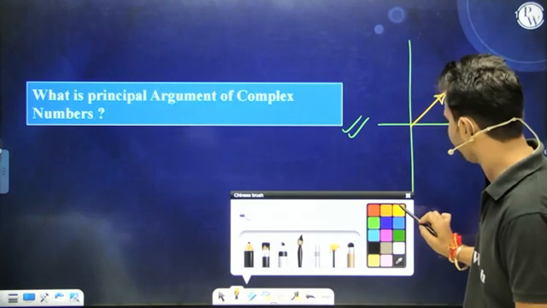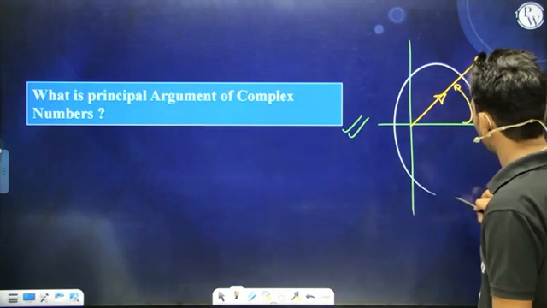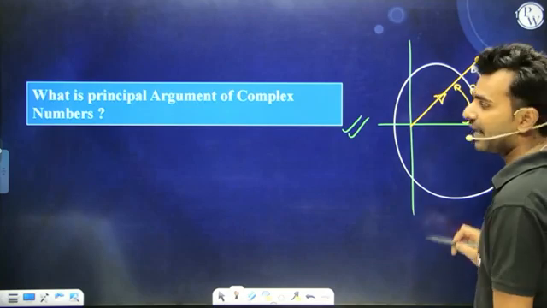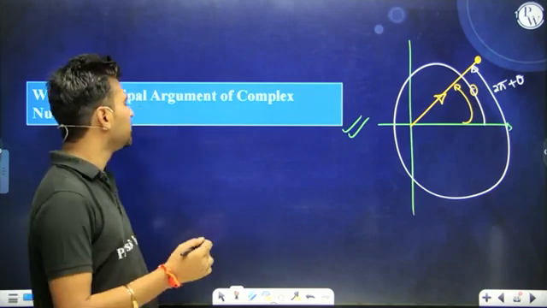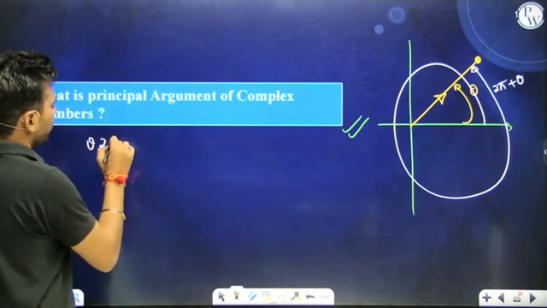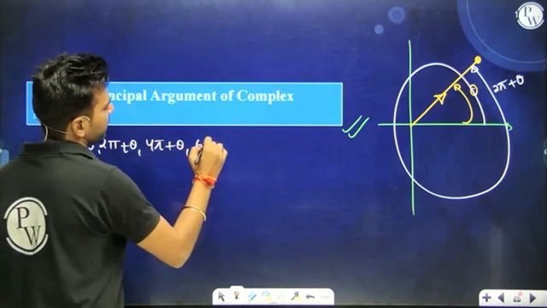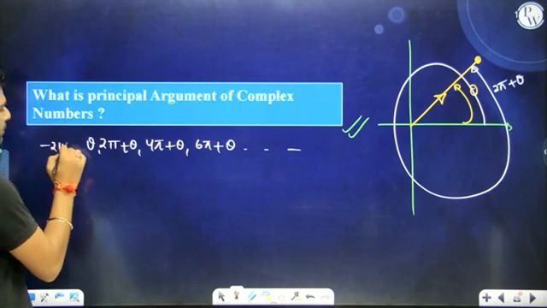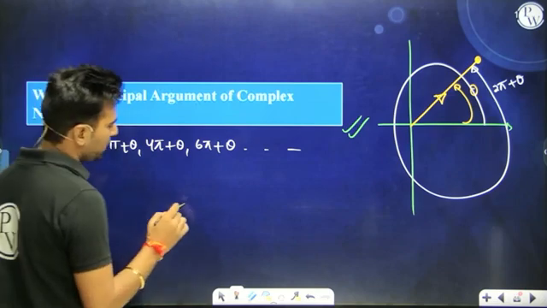This same direction can be represented by theta, 2 pi plus theta, 4 pi plus theta, 6 pi plus theta, and so on. Not just this, but also minus 2 pi plus theta, minus 4 pi plus theta. These are all the same directions.